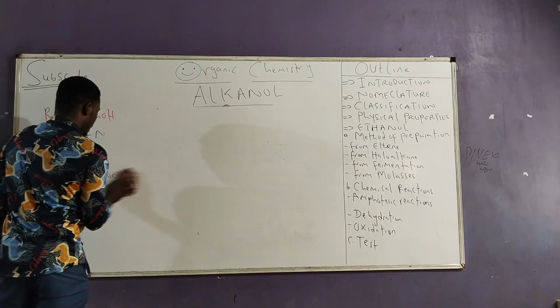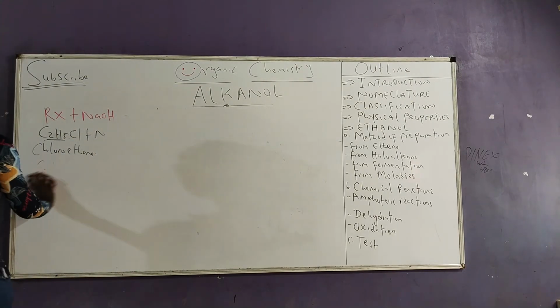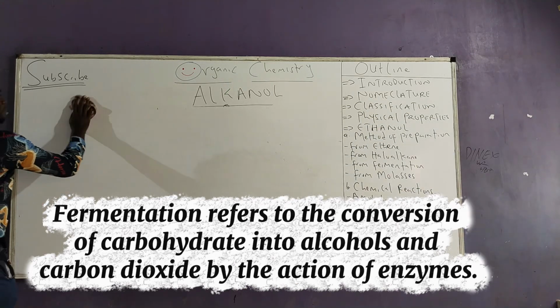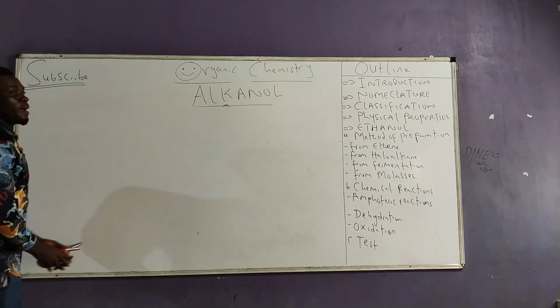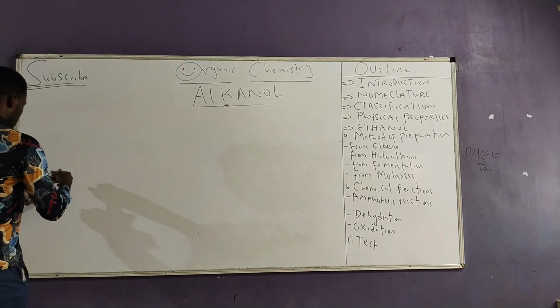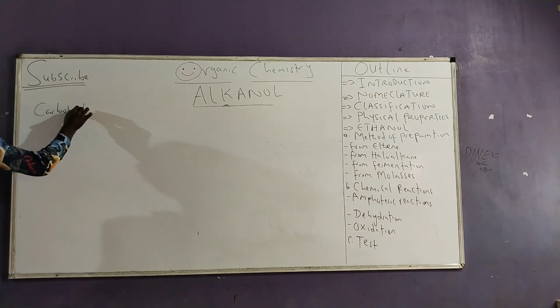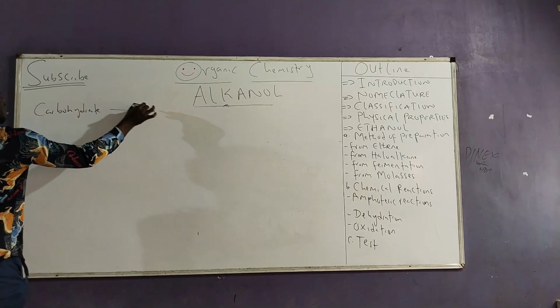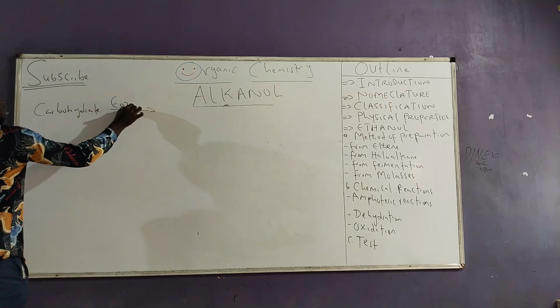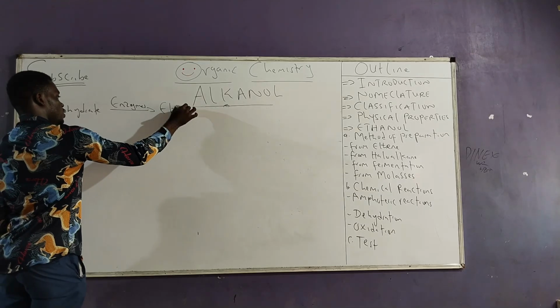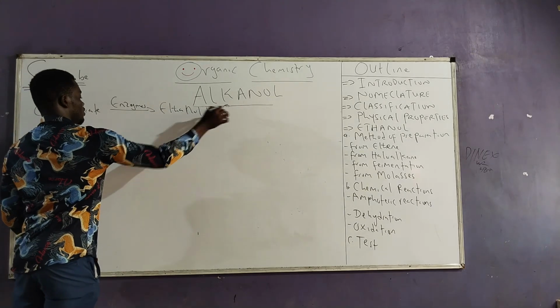And by definition, fermentation is simply the process by which a carbohydrate is broken down by enzymatic action. So if I take a carbohydrate, I break down this carbohydrate in the presence of enzymes, converting this carbohydrate into ethanol plus CO2.